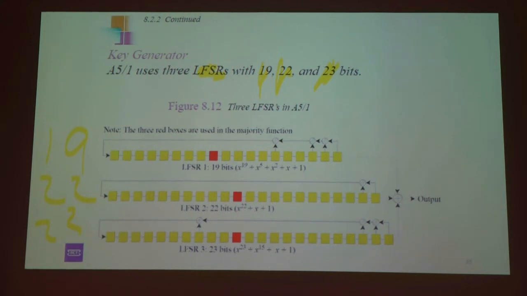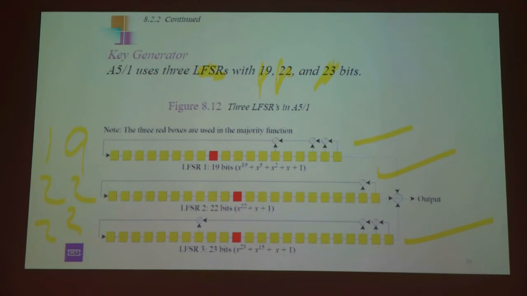So the seed is coming from where? From the secret key. The first 19 bits will be the seed for the first one, the next 22 bits will be the seed for the second one, and the next 23 bits will be the seed for the third one, right? So if you add 19 plus 22 plus 23, how much? 64. These are the bits, right?